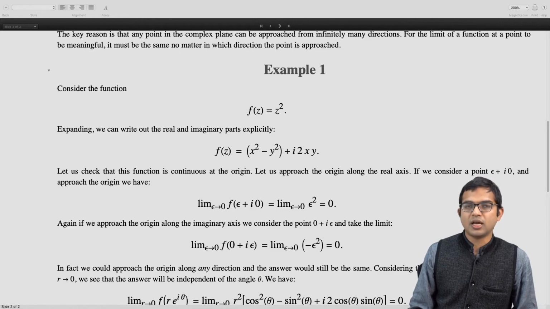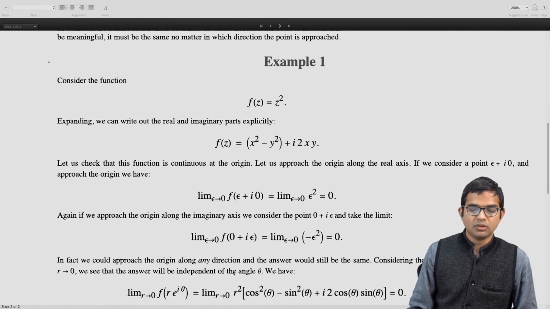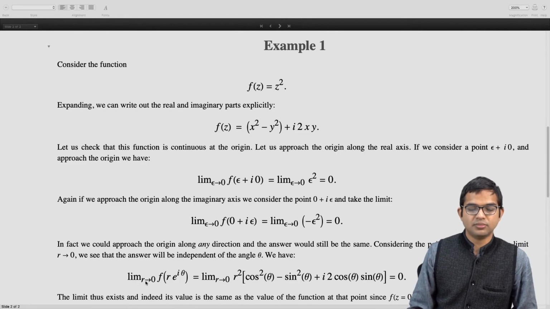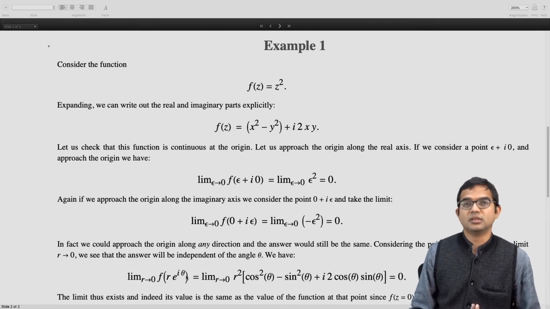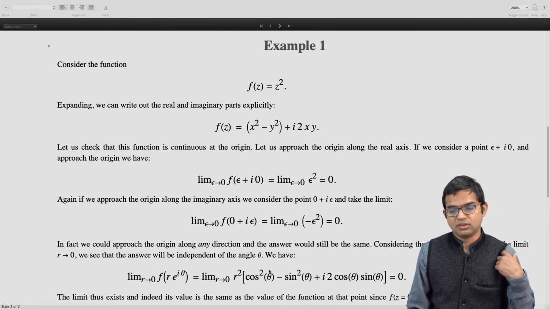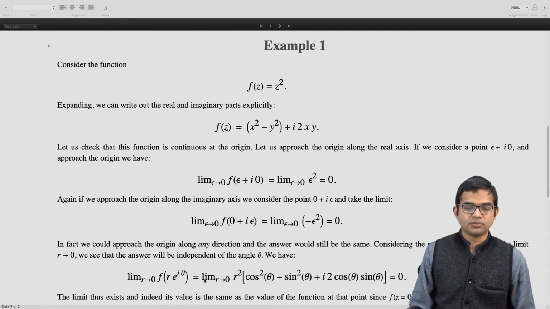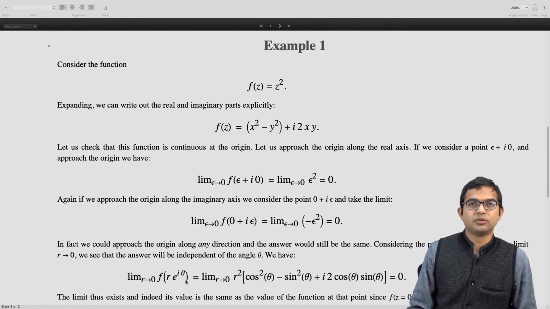Your z itself will be r times e to the i theta, and then if you take the limit r going to 0, this function will take this value r squared times cos squared theta minus sin squared theta, plus you have i times 2 cos theta sin theta, right? So another way of seeing this is simply to write it as r squared e to the i 2 theta.